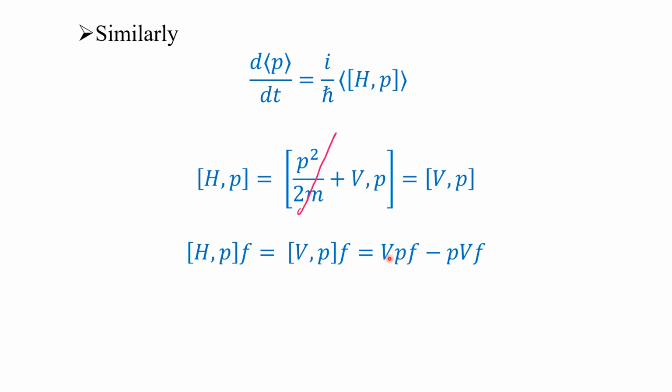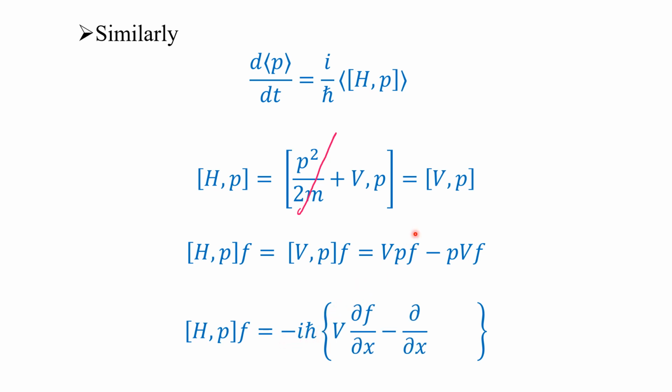Now you can expand the right hand side, where p is replaced by its momentum operator, taking minus i h cross as common. The first term becomes V times the derivative of f with respect to x, that is, del f over del x. Similarly, the second term is del over del x of V f, which I have to expand now.